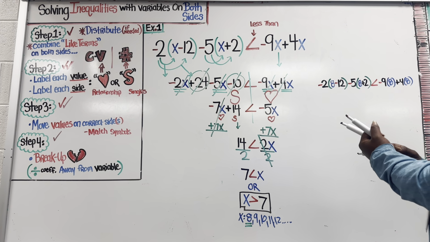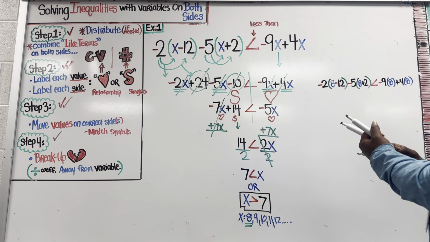So I have 8 minus 12, which is negative 4. And I have 8 plus 2, which is 10. Now I have negative 2 times negative 4, which is a positive 8, and then a negative 5 times 10, which is a negative 50.